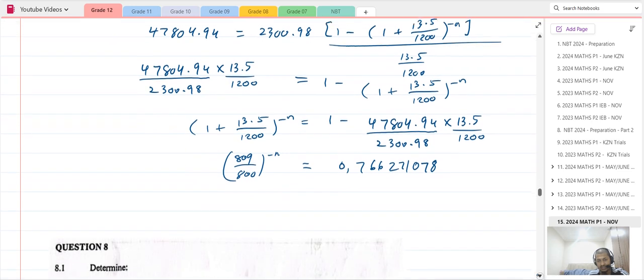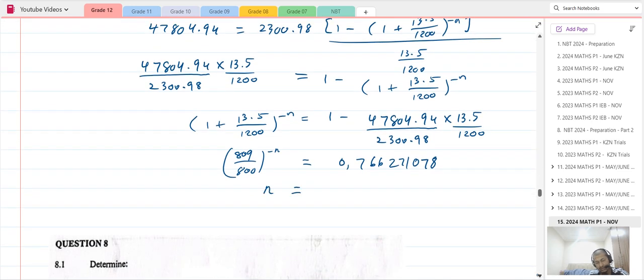Right, so n is equal to, remember it's negative n, so I'm going to put negative log 0.766271 base 809 over 800, or 1 plus 13.5 over 1200.